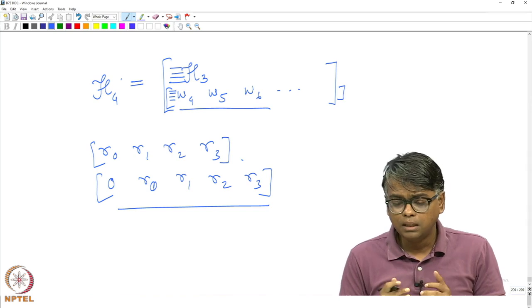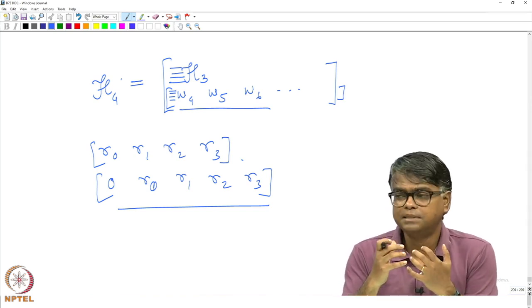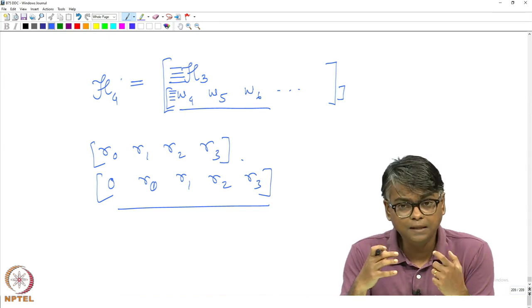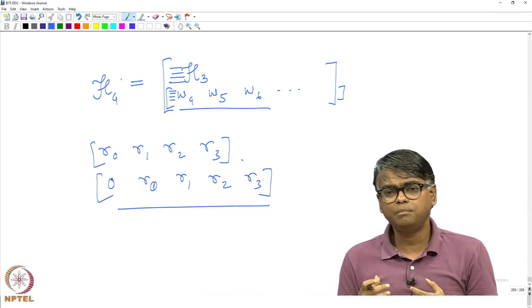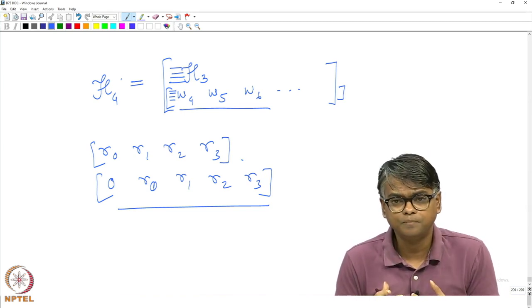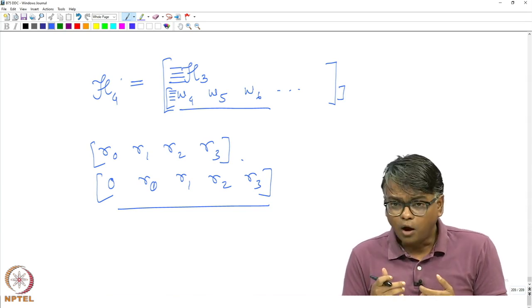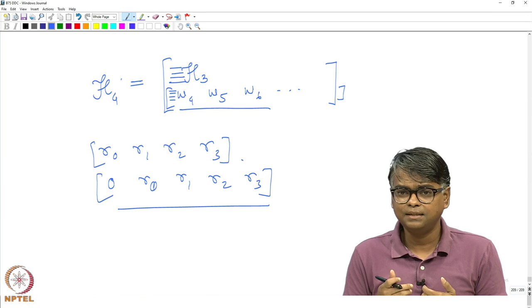Therefore, the reduction that was there from Q3, which gave us rho 3, that much reduction will be there in Q4 anyway. So rho 4 will not be more than rho 3.